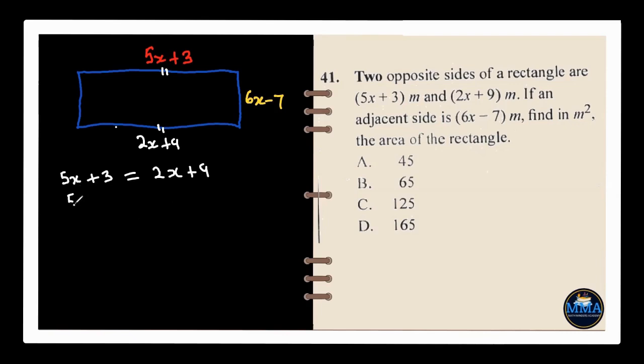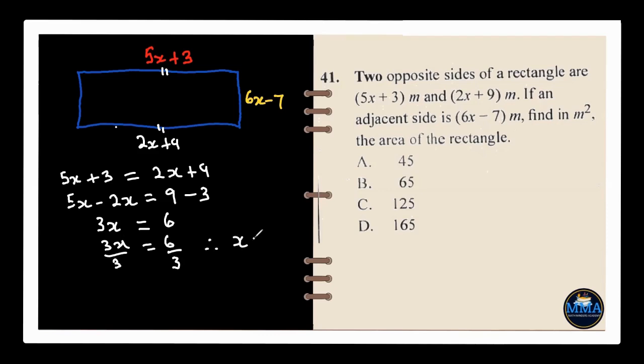Collect like terms. 5x minus 2x equals 9 minus 3. 5x minus 2x is 3x. 9 minus 3 is 6. So let's divide both sides by 3. We have 6 over 3. Therefore, x equals 2.